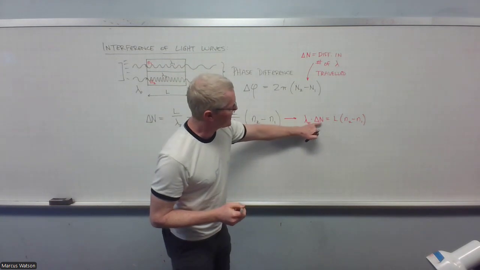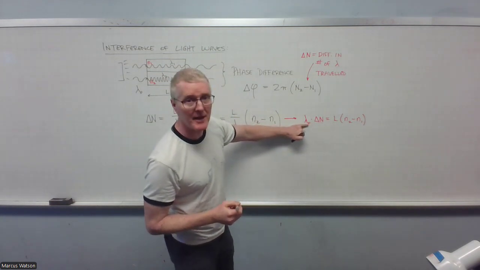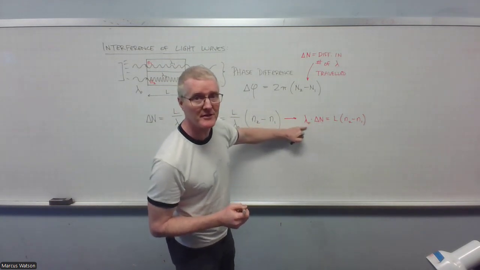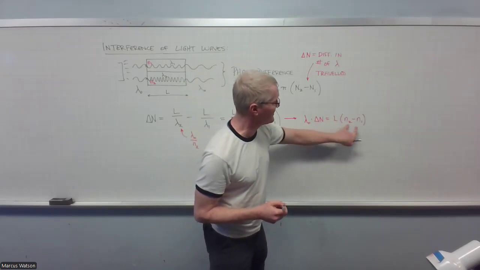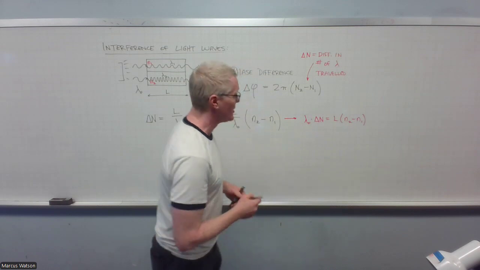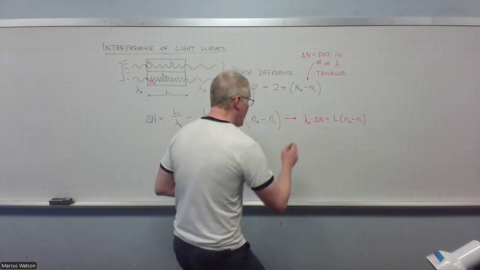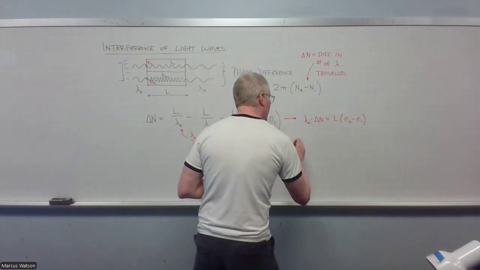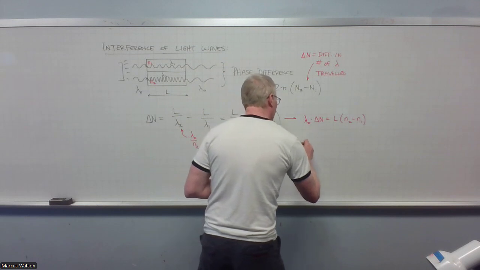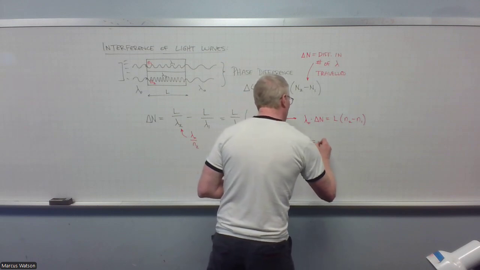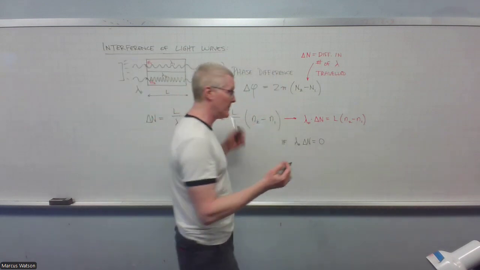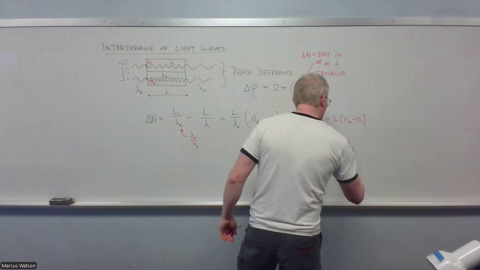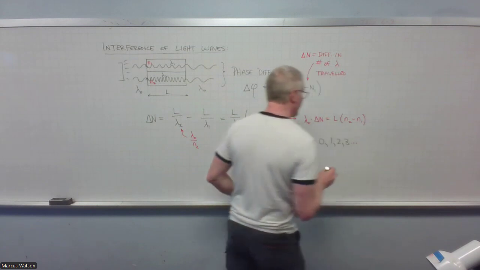So the number of wavelengths different it is related to how much the block thickness is, times the difference in the indices. So what you'd say is if lambda naught times delta n is equal to, for example, 0, which we know it wouldn't be unless the indices were the same, or 1, or 2, or 3, dot, dot, dot.